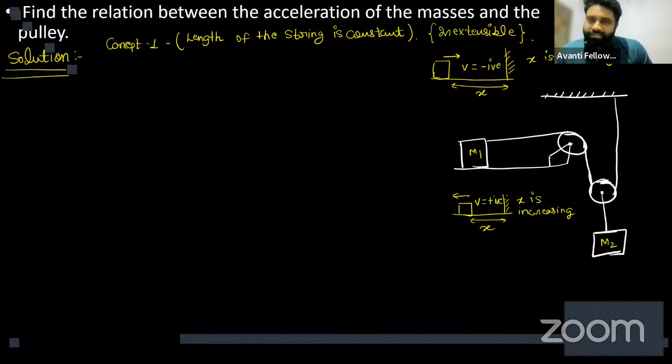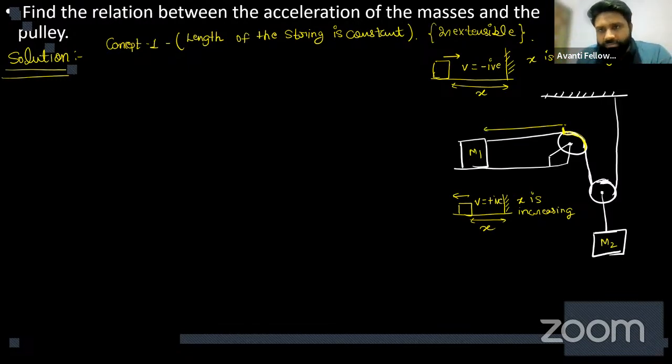The length of the string always remains constant. So let us consider the length up to this point, because there is a length covering the pulley, not in a straight manner but in the form of an arc.